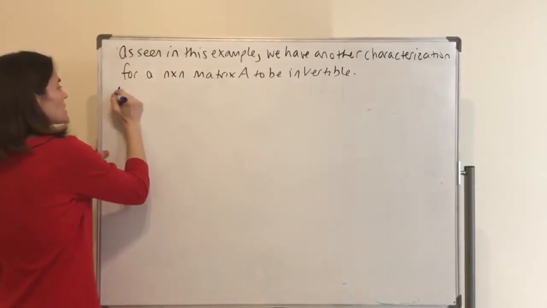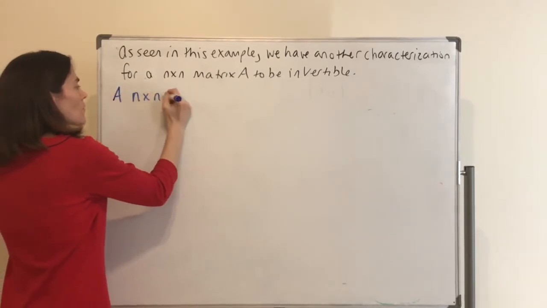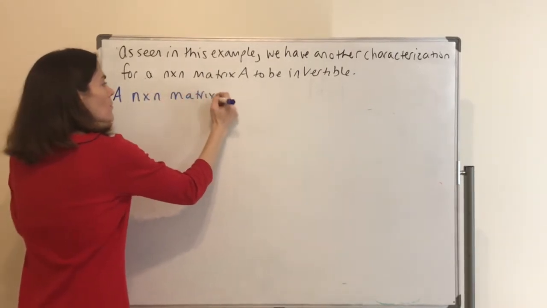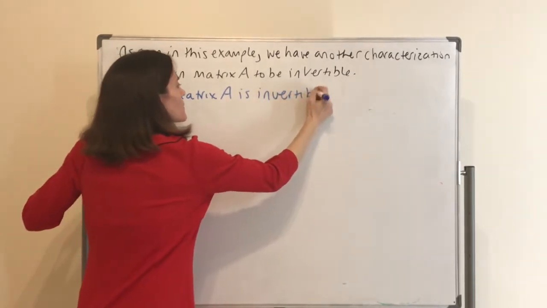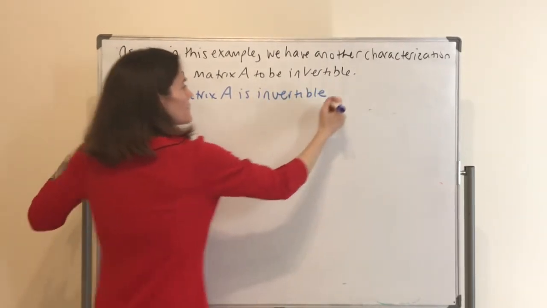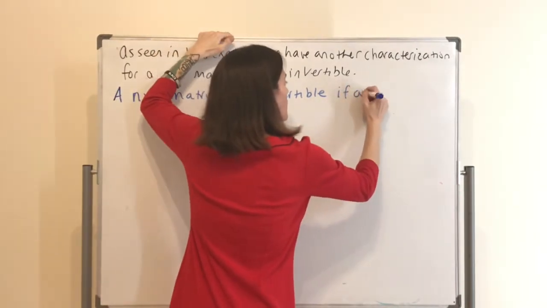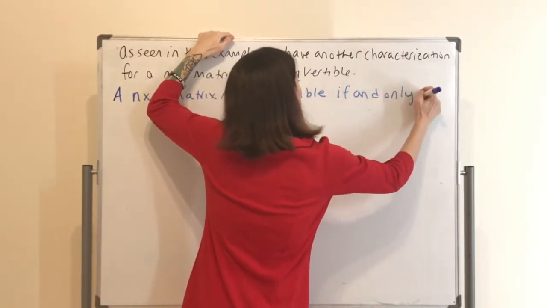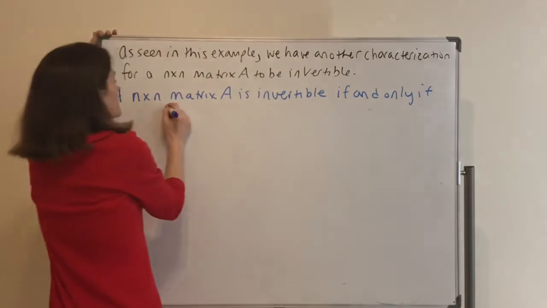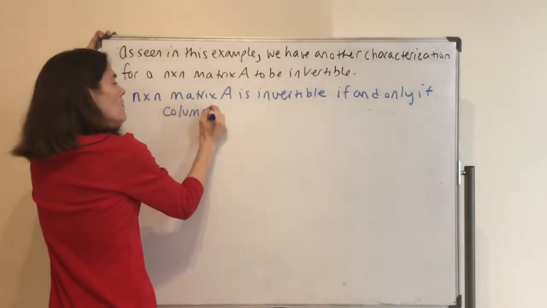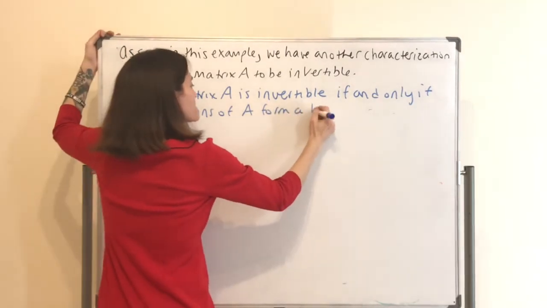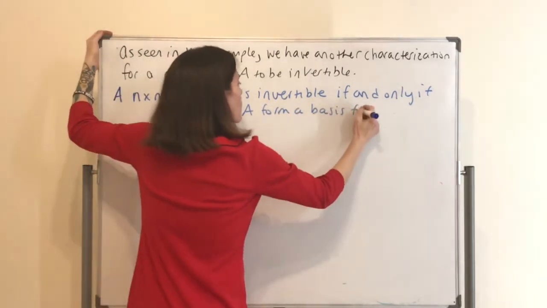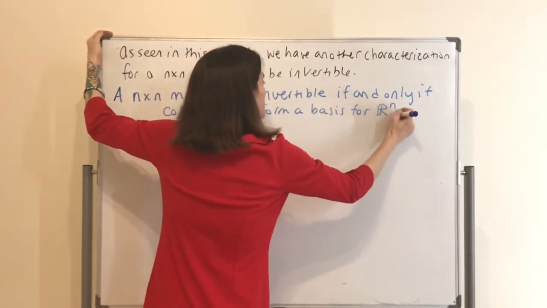A matrix A is invertible if and only if the columns of A form a basis for Rn.